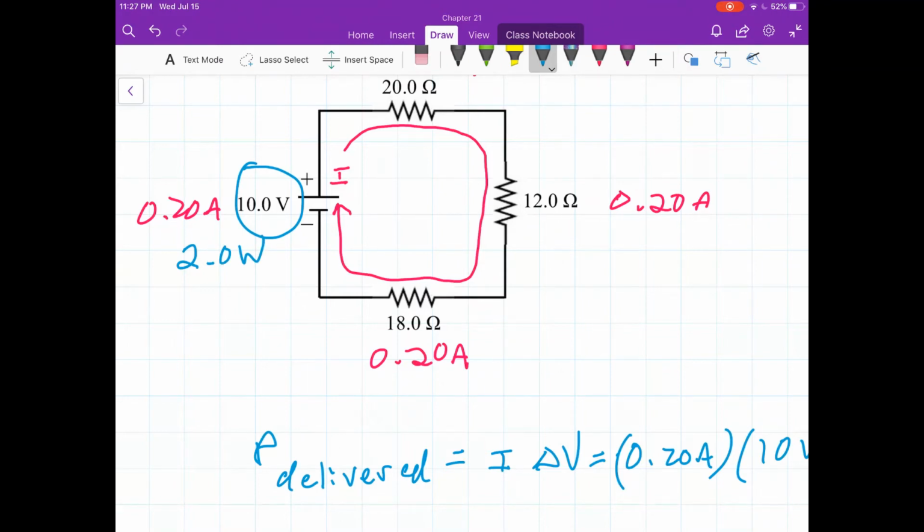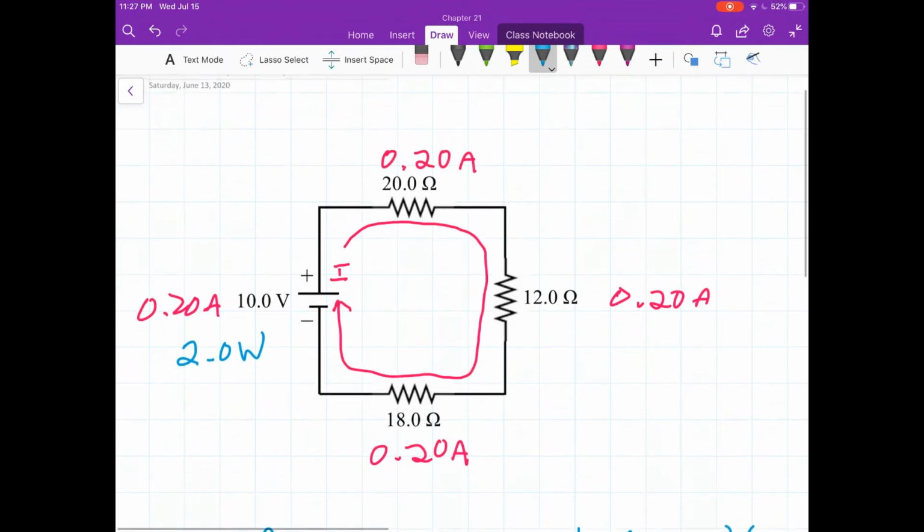If I said how much energy is going to the circuit, you'd say, well, I need to know how long this is going on, because energy would be power times time. Power, the 2 watts, is the rate. Amount of energy, I need to know how long. So this thing, delivering power to the circuit, I call that P delivered, the power delivered to the circuit.